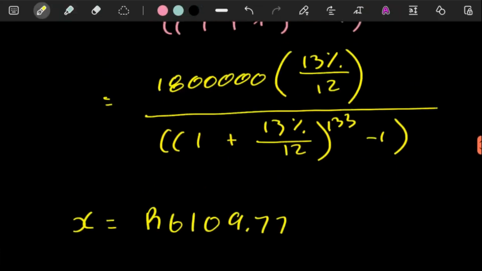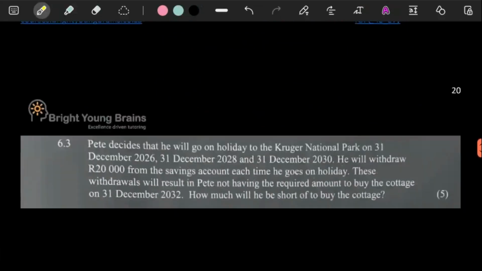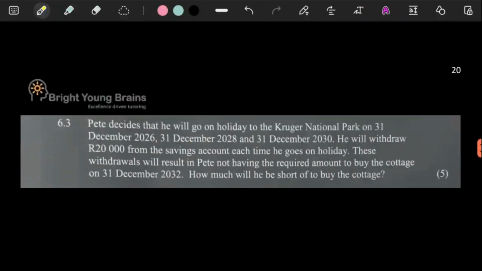And yeah, nothing crazy here. The next question says Pete decides that he will go on a holiday to the Kruger National Park on 31 December 2026. So he's going to go to the Kruger National Park in December 2026, and then December 2028, December 2030.